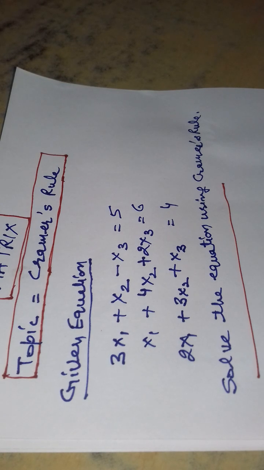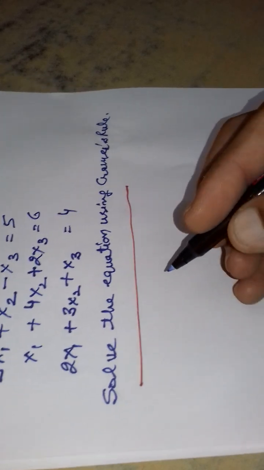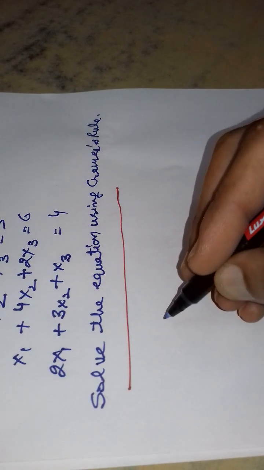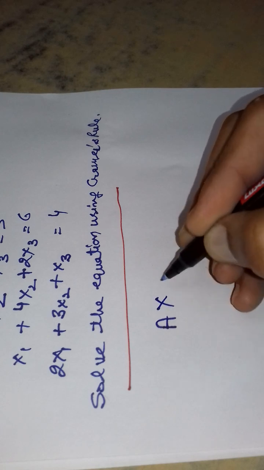For this system, we can write it as Ax equals b.